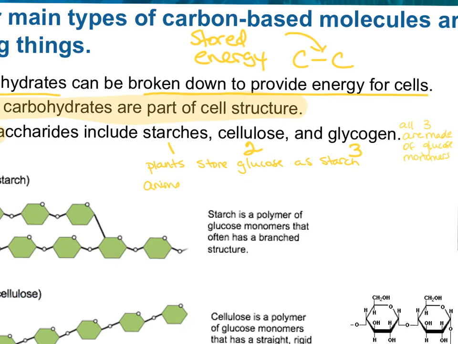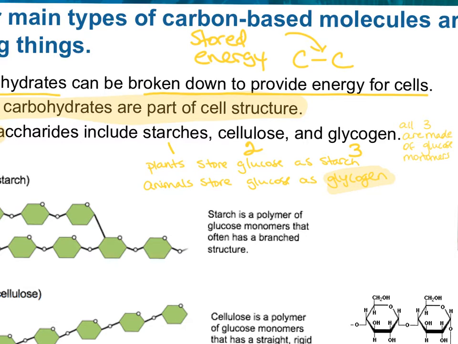Animals store glucose as glycogen. So you and I, when we eat and we store the energy from the food that we eat, we store that energy as glycogen. But plants store that energy as starch. So remember what we said, carbon-carbon bonds have stored energy.